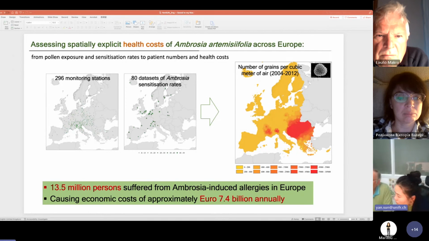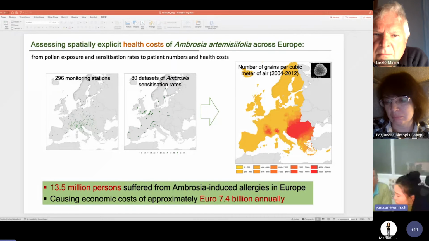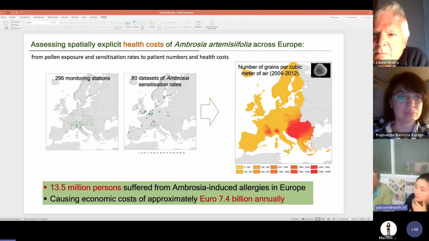And then we had from several places specific sensitization rates only to Ambrosia artemisiifolia. This helped to calculate overall sensitization rates across Europe only for ragweed.